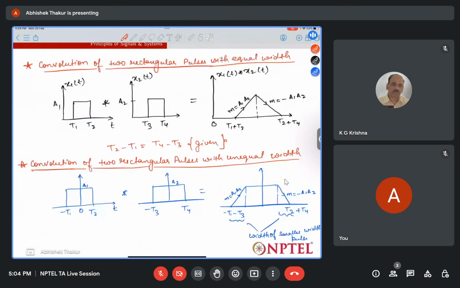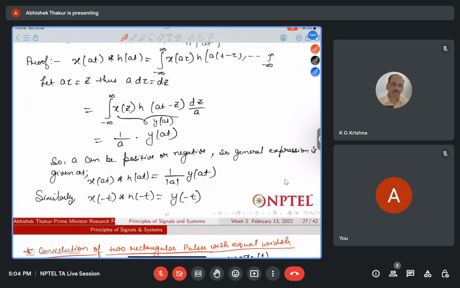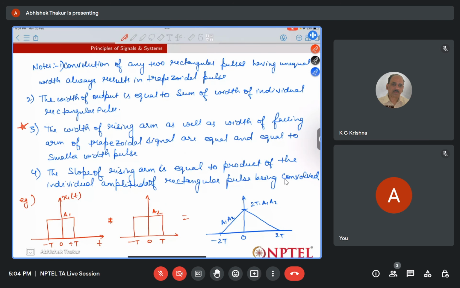So in the last lecture we have seen some shortcuts for convolution of two rectangular pulses with equal width and also unequal width. Whenever two rectangular pulses are given, we have to keep these points in mind, as written in the notes. The convolution of two rectangular pulses of equal or unequal width will result in either a trapezoidal or a triangular pulse.